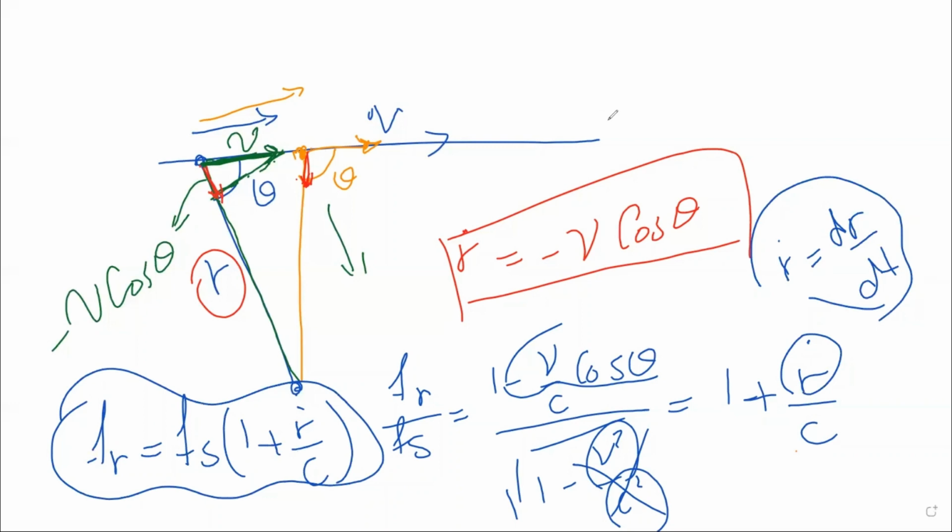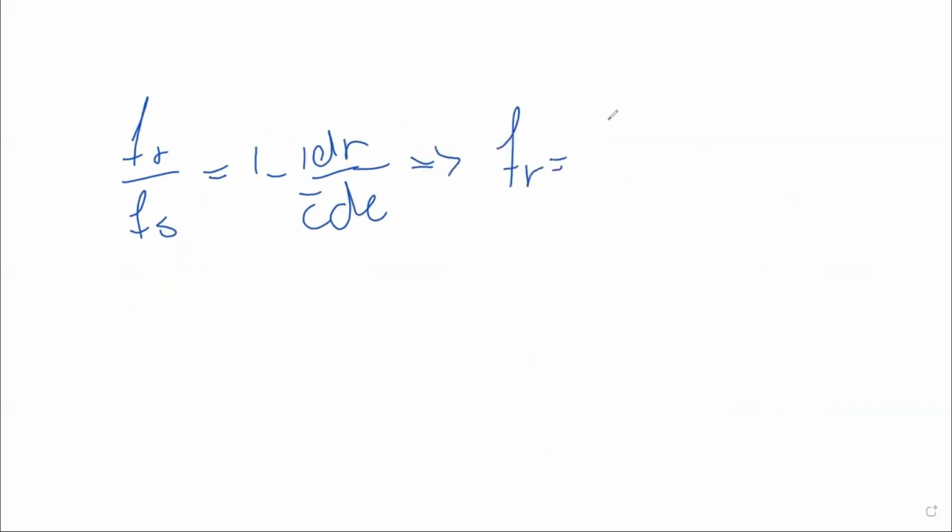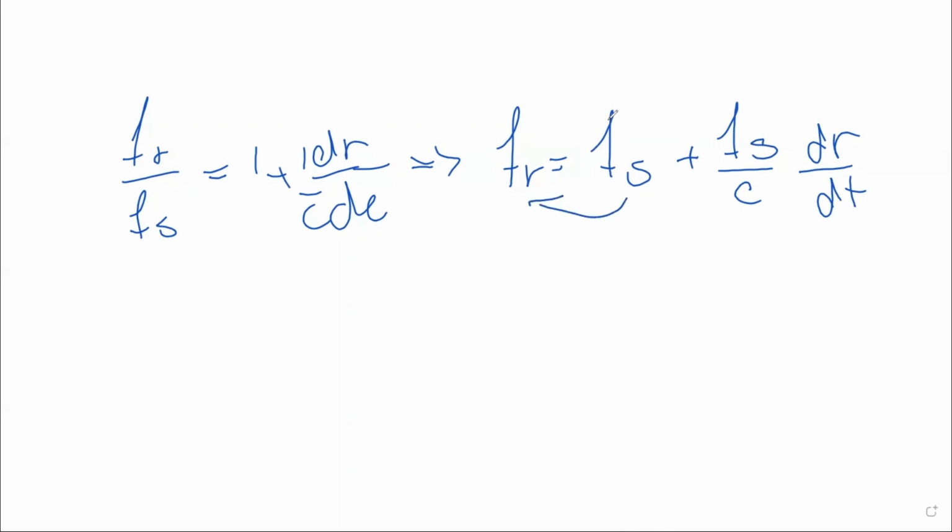Now the question is how to determine this range. So if you look at this formula again, FR, F plus it. Then if this goes to the side, it's FR minus.